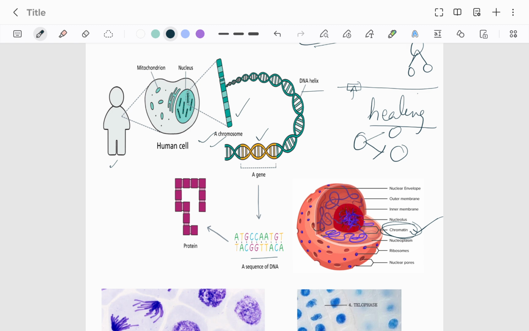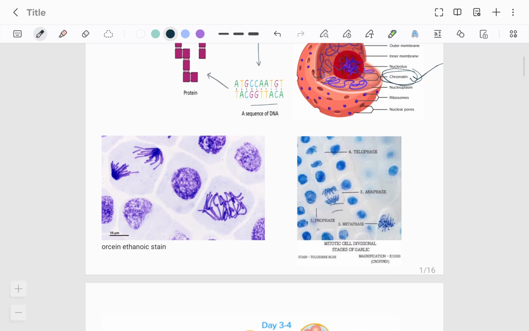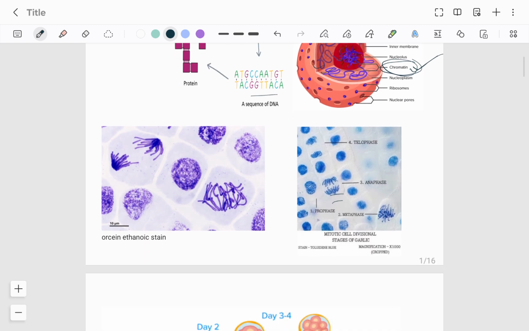and DNA is colorless. So if you have to see the DNA, you need to color it. See here, the garlic root cells have been studied for cell division, and we have studied the DNA here, and the dyes used are different. For example, orcein ethanoic stain, here toluidine blue stain. See, you don't need the names of stains.